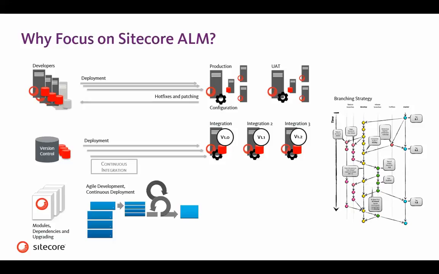So this is application lifecycle management. This is the entire flow from one developer developing on a single machine to versioning, to release management, to hotfixes, to dependency checking, to configuration management, to deployment processes, to testing and all that stuff.